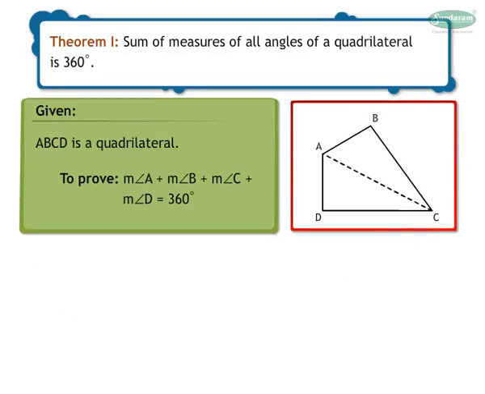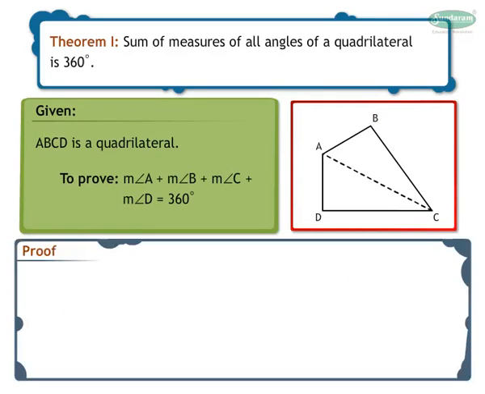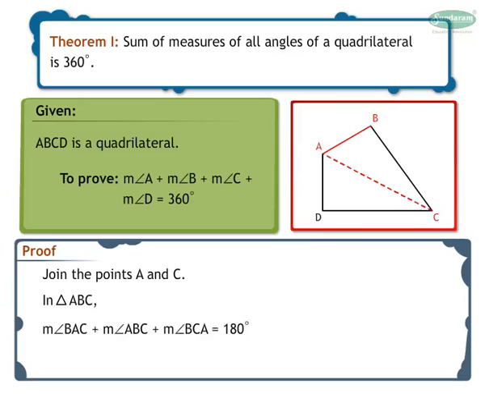Let us see the steps of the proof. Let us join the points A and C. See the figure alongside. In triangle ABC, measure of angle BAC plus measure of angle ABC plus measure of angle BCA is equal to 180 degrees, because sum of the measures of angles of a triangle is 180 degrees.